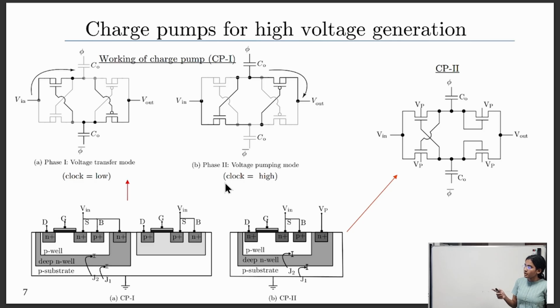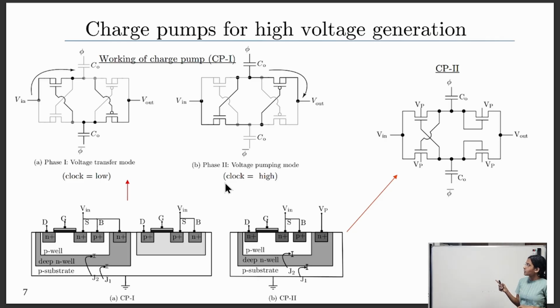The substrate and source are shorted to eliminate body effect. To further extend the range of output voltage that can be generated, we will be using charge pump type 2.